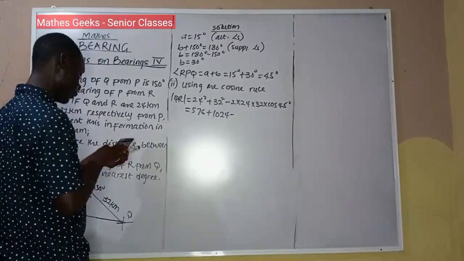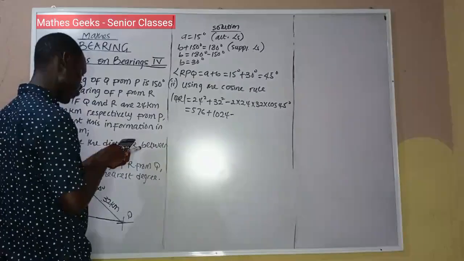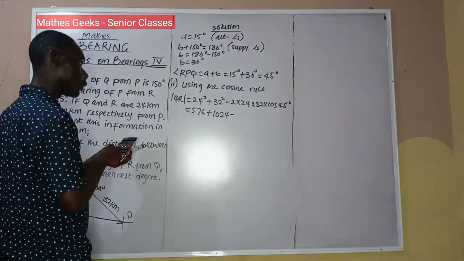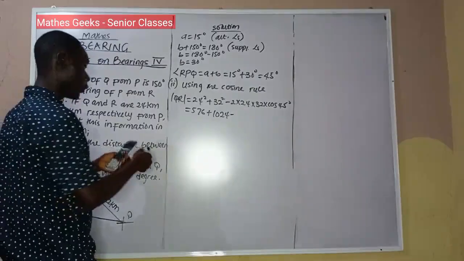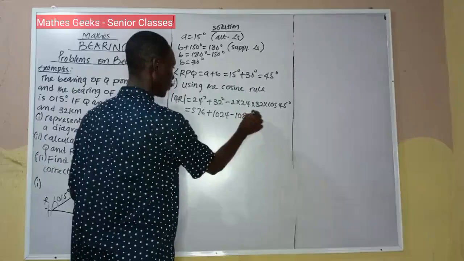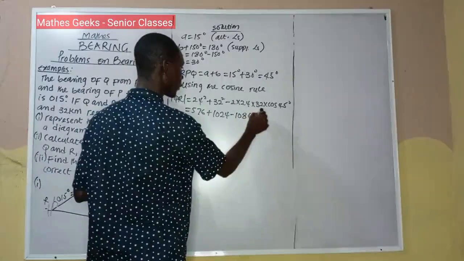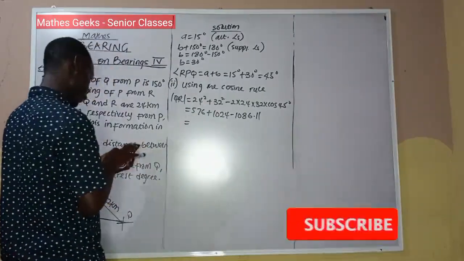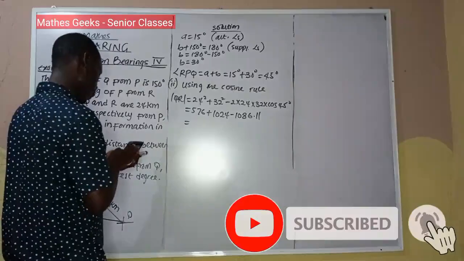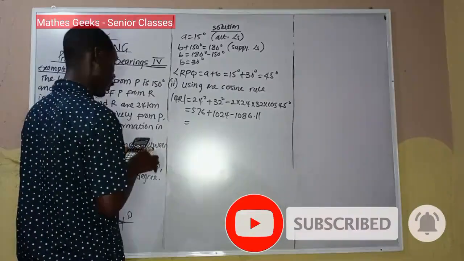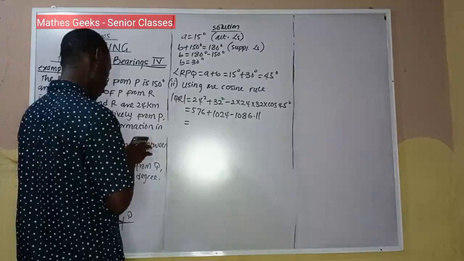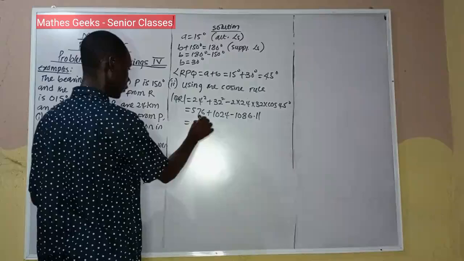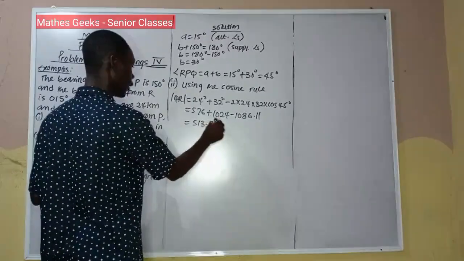2 times 24 times 32 times cos 45 is 1086.11. That will be 576 plus 1024 minus 1086.11, which is 513.89.